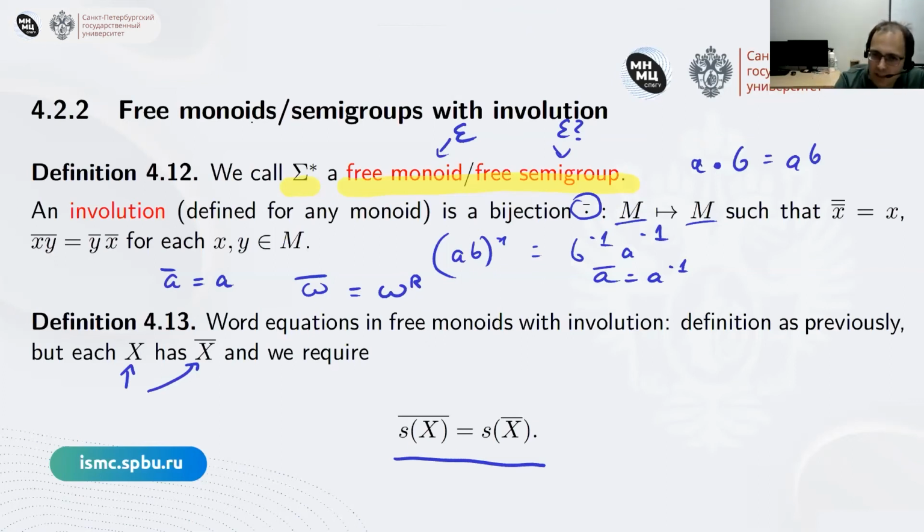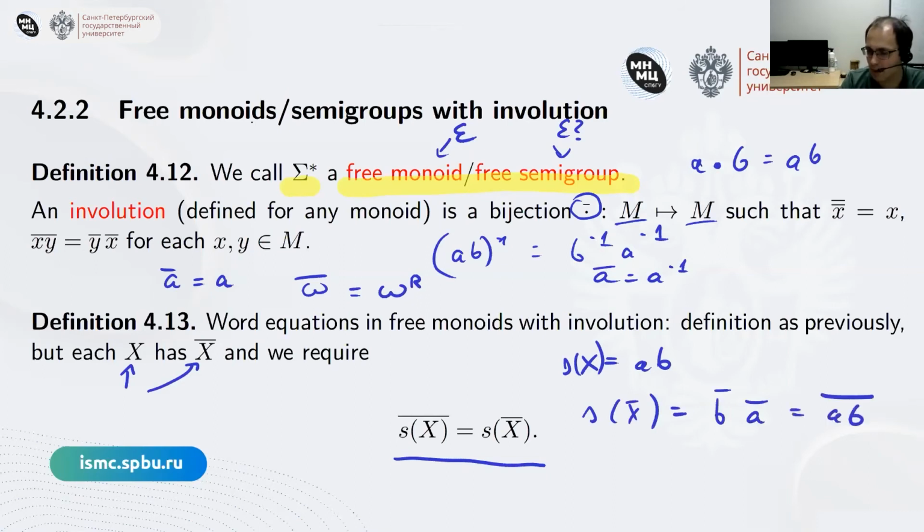So for instance, if the substitution for x is equal to ab, then the substitution for the inverse of x should be the inverse of b, inverse of a. So this is the inverse of ab.